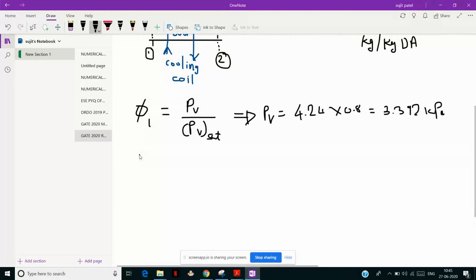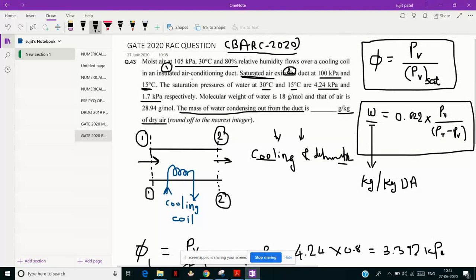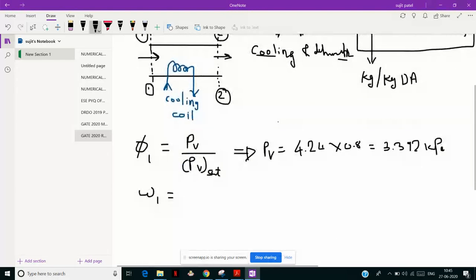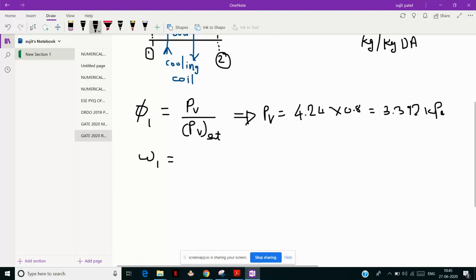Now use the equation of specific humidity and put in this value. PT is 105 kilopascal, the total pressure, and we have just found the partial pressure of water vapor, 3.392. Okay, so put this in the equation.